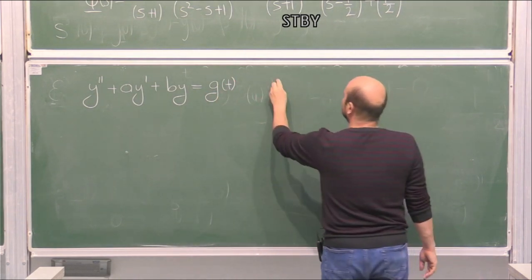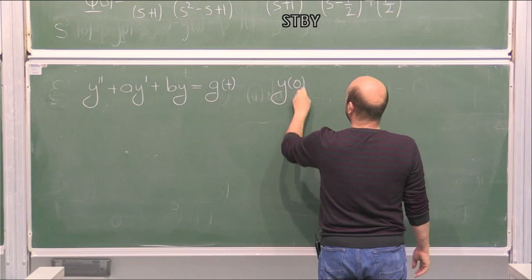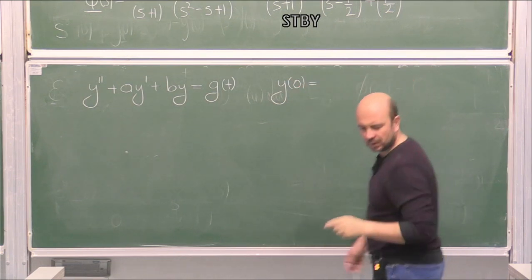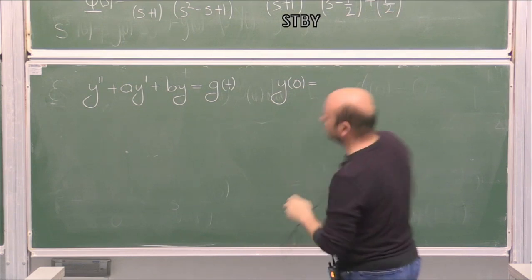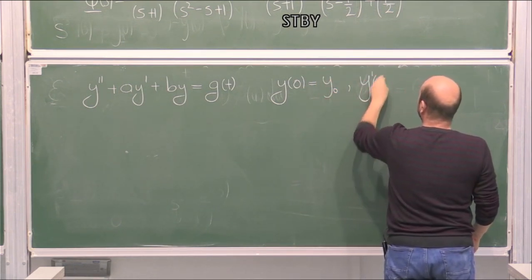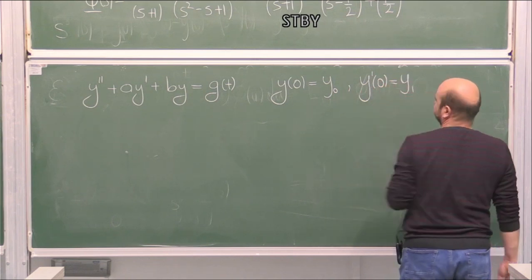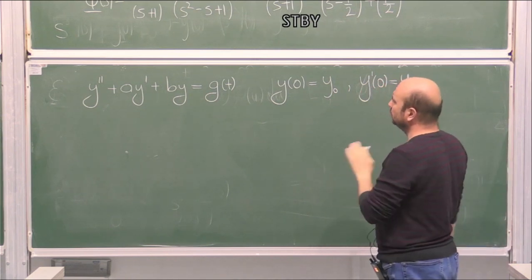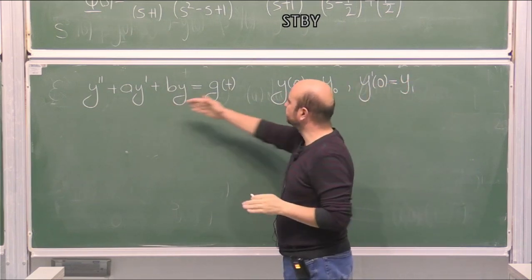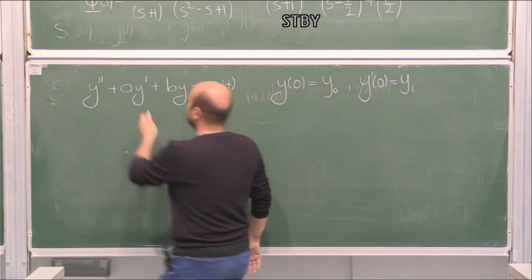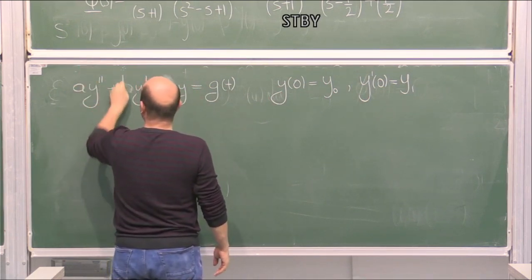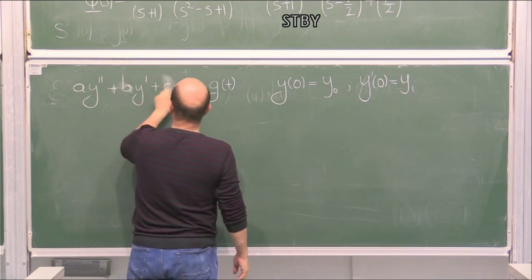Then let's say we have the initial values, y of 0 is y0, y prime of 0 is y1. Then what do we do to solve this problem? Let me do the more general one: a y double prime plus b y prime plus c y equals g.